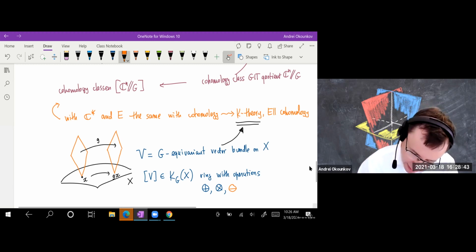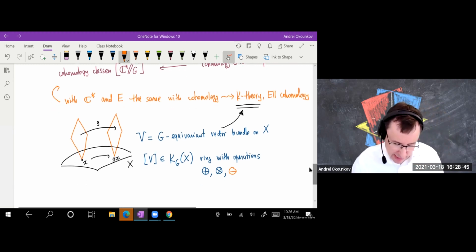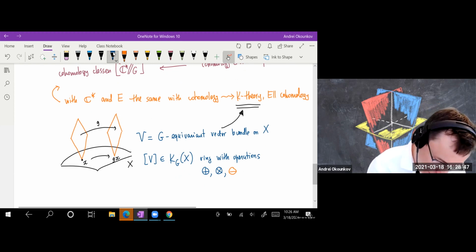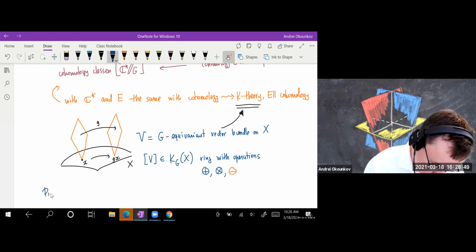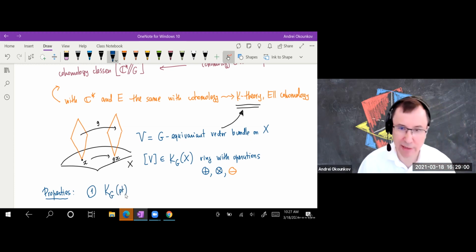And this has some nice properties. First, the K-theory of a point: then we're talking about just representations of the group with the operation tensor.